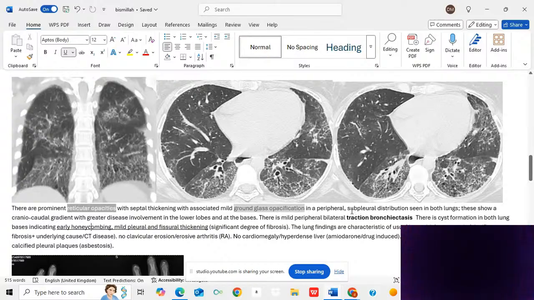On the opposite side, this shows subpleural distribution, not sparing of the subpleural area. This is its main area, subpleural distribution, more peripheral and basal.